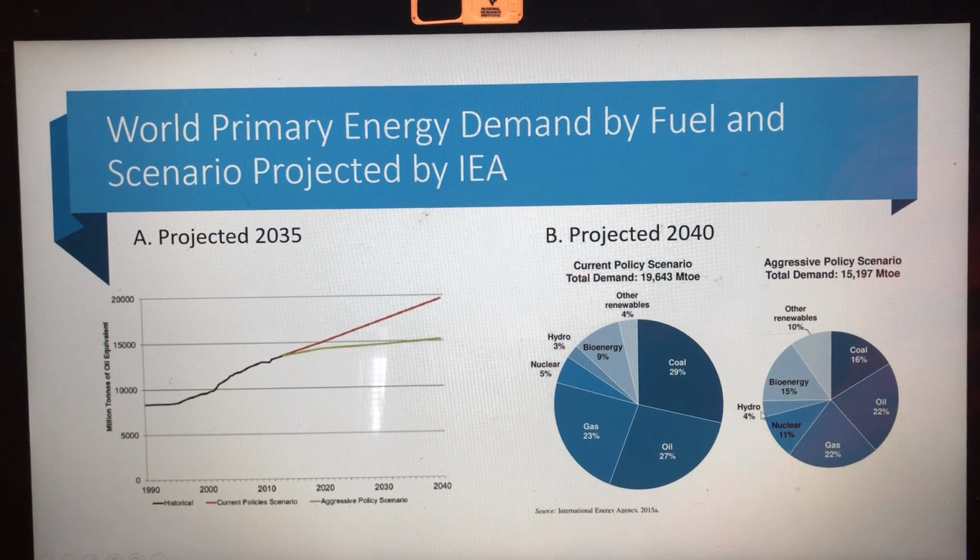Hydro, 4%, Hydro, 2%. But you can note that there's an increase in renewable energy as projected, and a decrease in the consumption of fossil fuels. So that's a transition from fossil fuels to renewables.